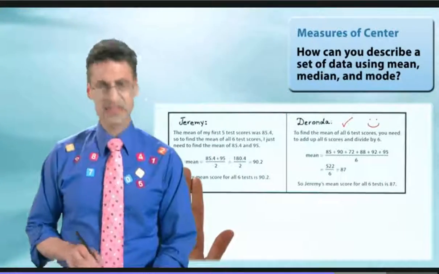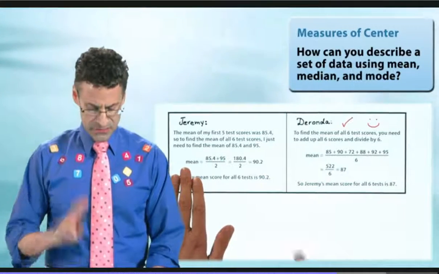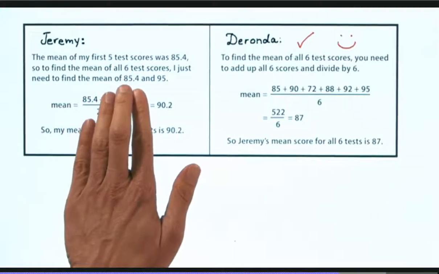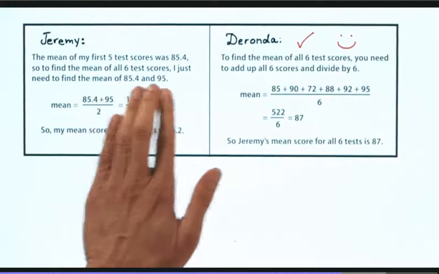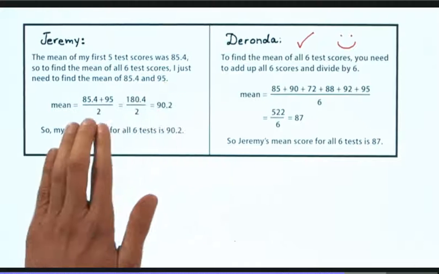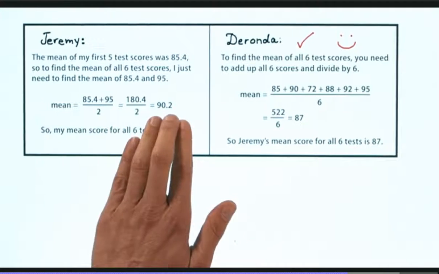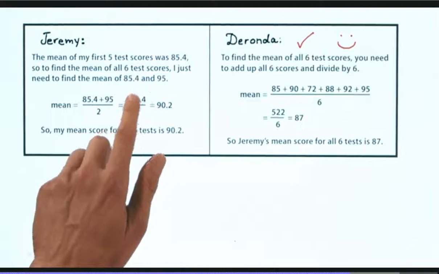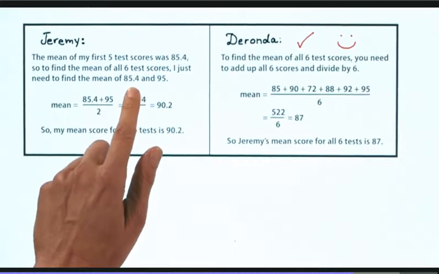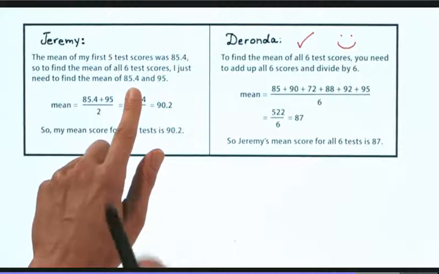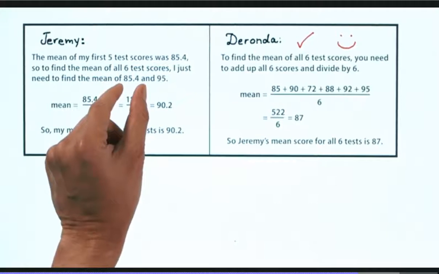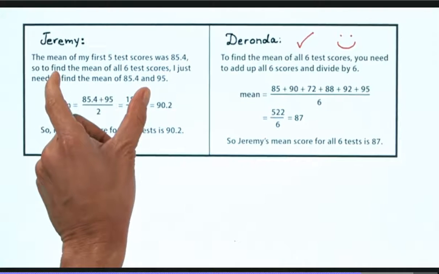Now, Jeremy was finding the mean, but he was finding the mean of just 2 numbers, namely this number and that number. The problem is that 85 and 4/10 in some sense needs to be counted more, because it actually represents 5 entire test scores.